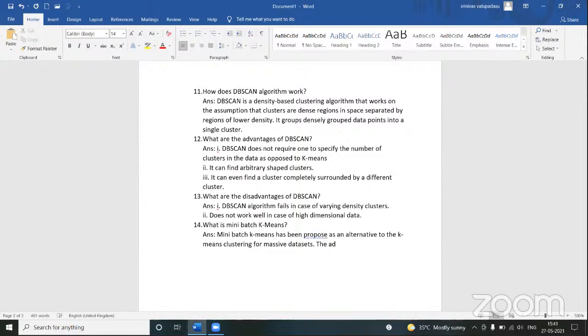The advantage of this algorithm is to reduce computational cost by not using all the data set. This is mini batch K-means.